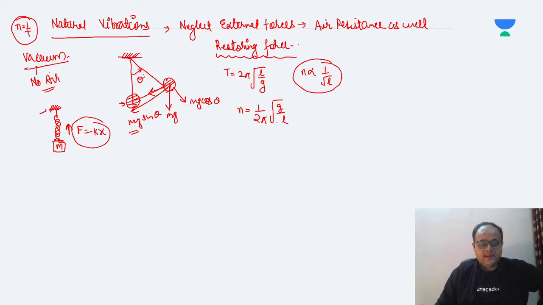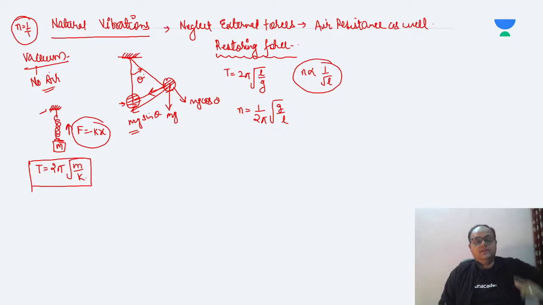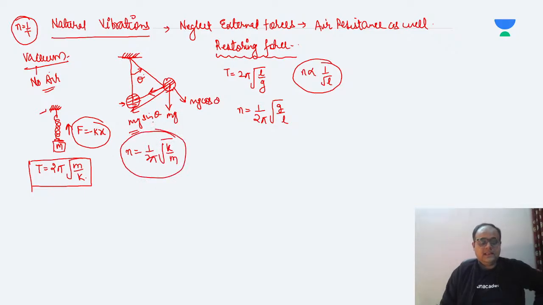The time period here is T = 2π√(m/k). This is the time period for the oscillations when a mass is hanged from a spring. As far as the frequency is concerned, n = 1/(2π) √(k/m). So this is the natural frequency.